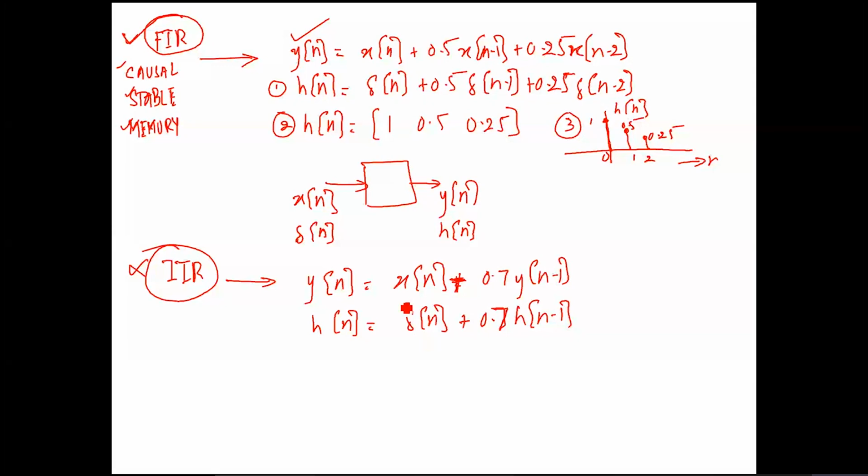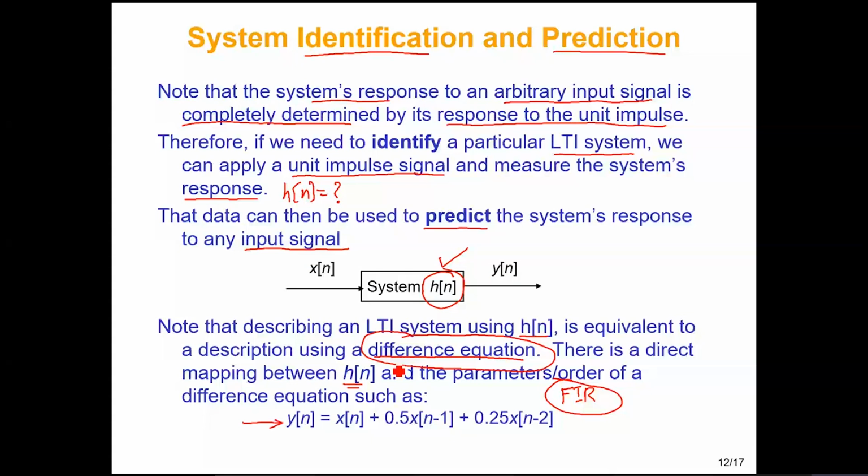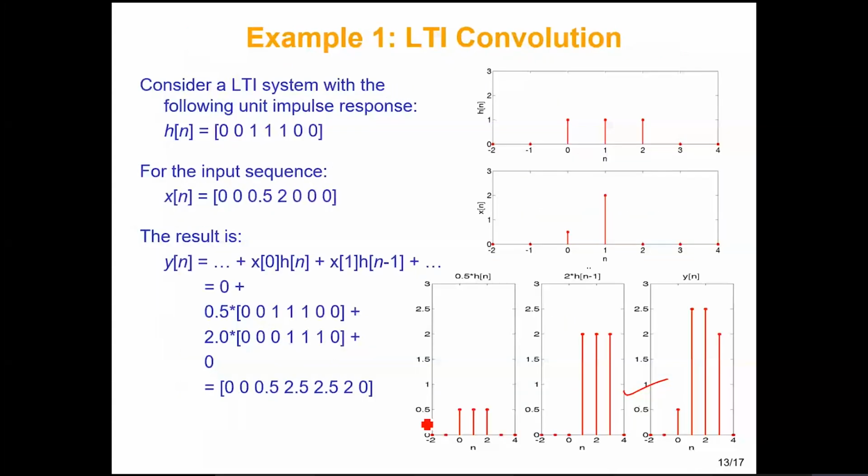If it is an IIR which has a feedback term, then there is no simple or direct method of finding h of n from the difference equation. So this is another thing that needs clarification. Although in this slide set it just says that we can directly find it, I have qualified it: we can directly find it in case of FIR, just like we have here. So in this, replace x with delta and you will end up getting your h of n.